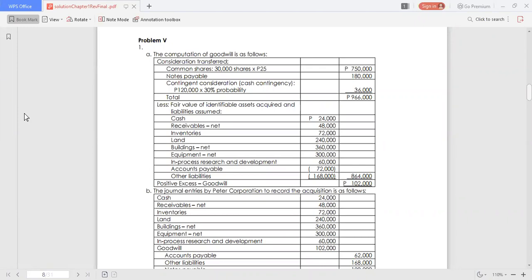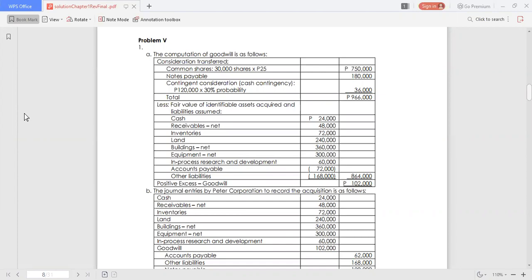The balance sheet and the fair value information of the two companies on December 31, 20x4 immediately before the merger are as follows. So we have the balance sheet accounts of Pure and Sane with their book values and fair values.